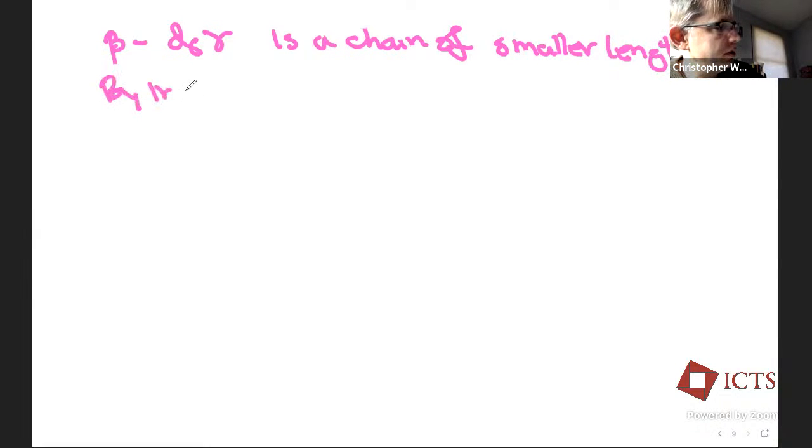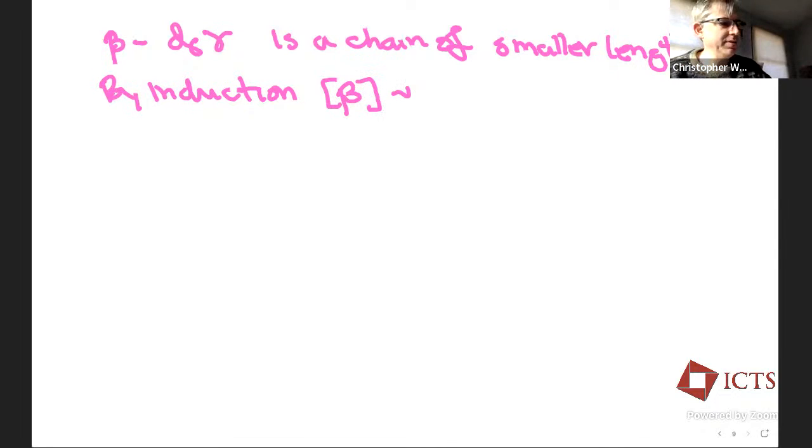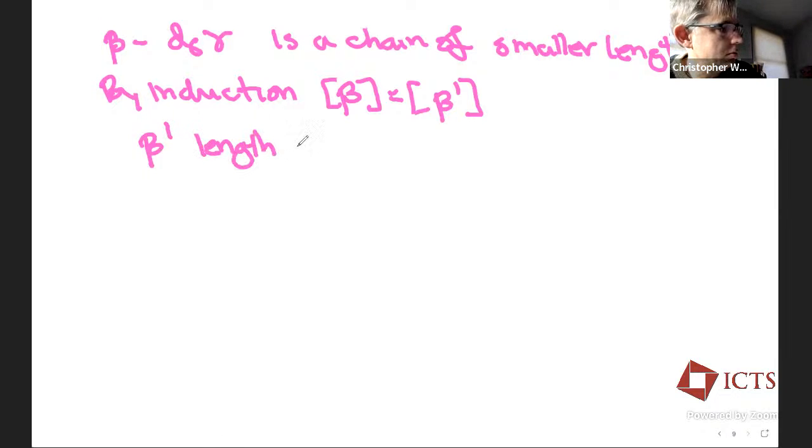And by induction, I get that the cohomology class of beta is the same thing as the cohomology class of a beta prime, where beta prime just has length 1. So what does that mean?